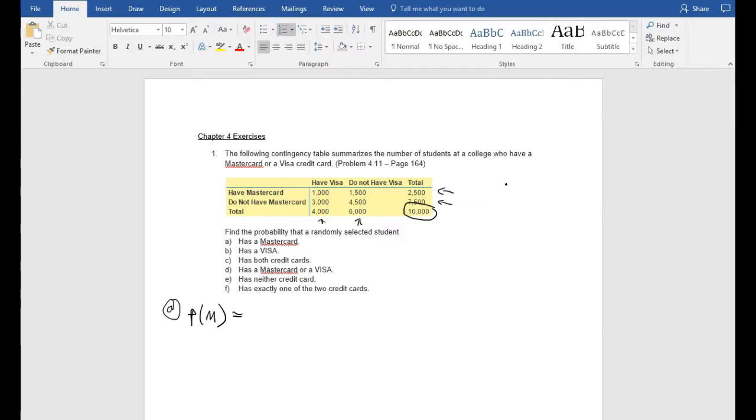We look all the way over here, and it is 2,500. Regardless of whether they have a Visa or not, we're just looking at the marginal probability. So 2,500 over 10,000 equals 0.25.